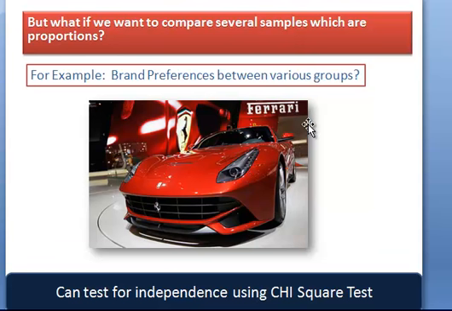It may be I'm wasting my time advertising in AARP magazine for the Ferrari. Maybe that's a great advertising tool. Maybe that's the people that can afford the Ferrari. I don't know, but we would test the data to figure it out.